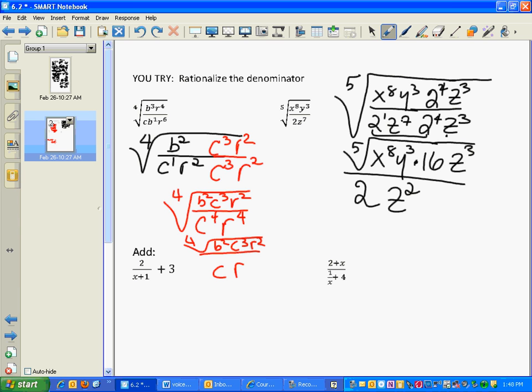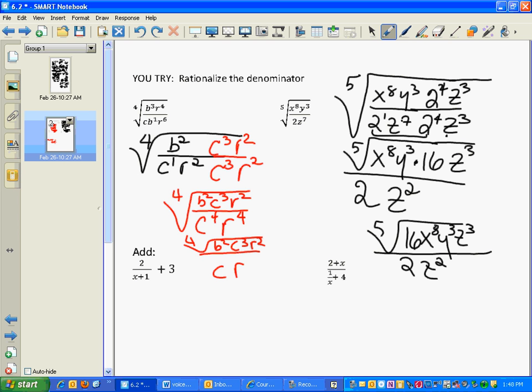Okay, now, let's reorder this still. 16, x to the 8, y to the 3rd, z to the 3rd, 2z squared. Is there anything that can still come out? Anything that's got an exponent underneath here that's greater than 5?